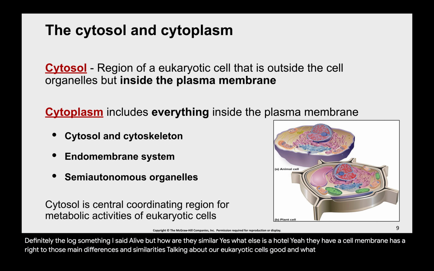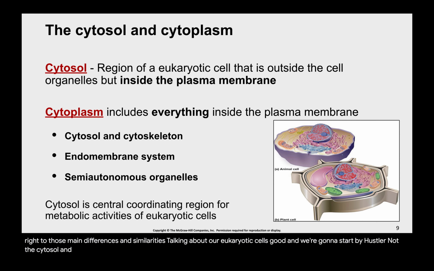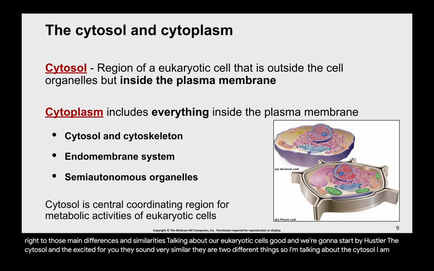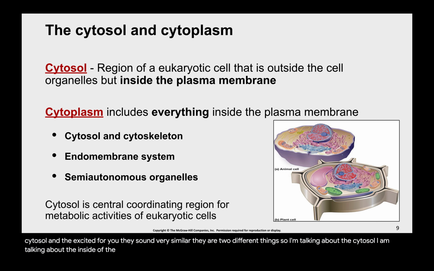And we're going to start by talking about each component of the cell, starting with the cytosol and the cytoplasm. Right? They sound very similar. They are two different things. If I'm talking about the cytosol, I am talking about inside of the cell all the regions surrounding my organelles. It's kind of like the fluid of the cell.